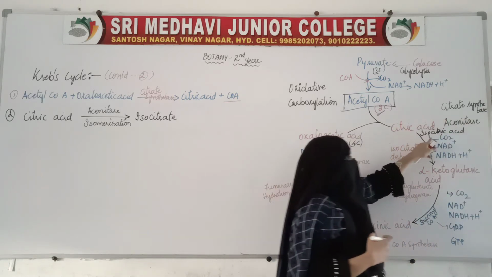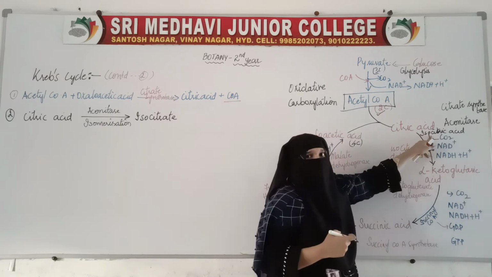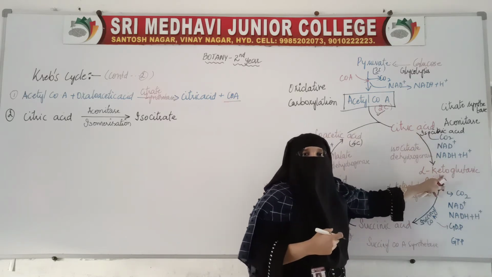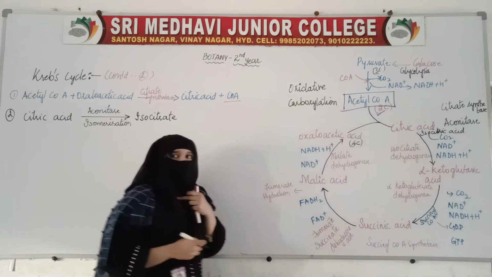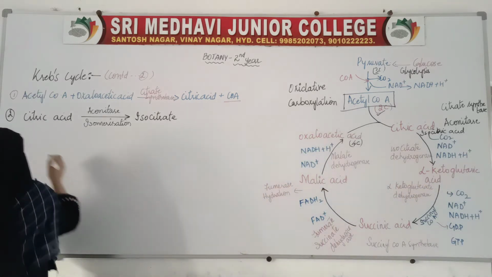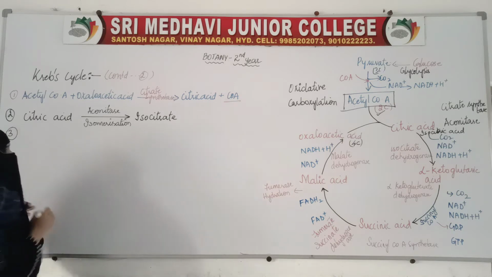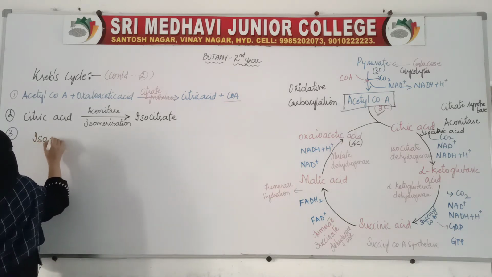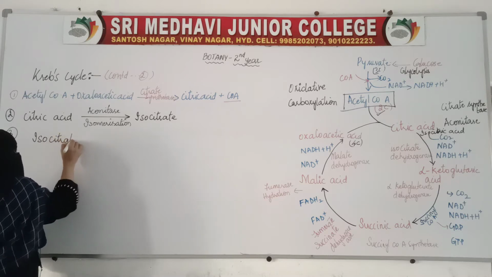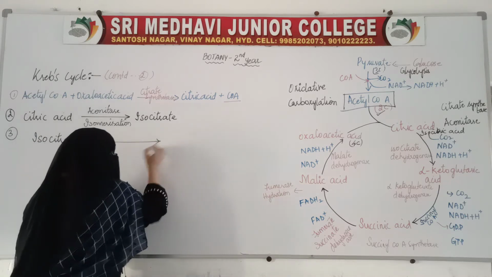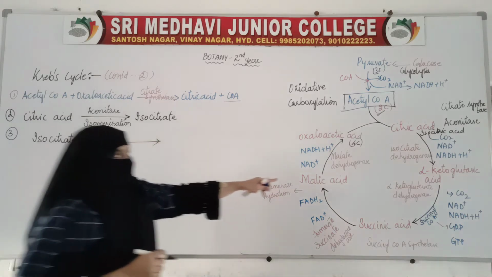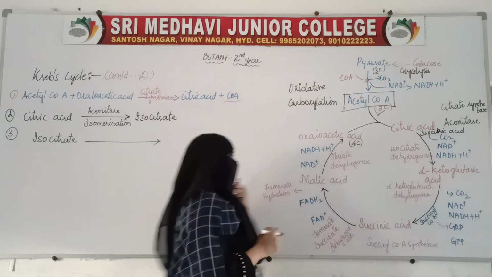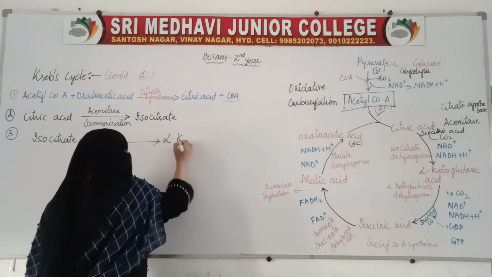Now this isocitric acid will further change into alpha ketoglutaric acid. So what happens during this third reaction? In the third reaction, this isocitrate will change into another compound, that is alpha ketoglutaric acid.